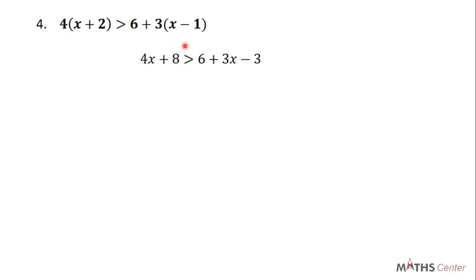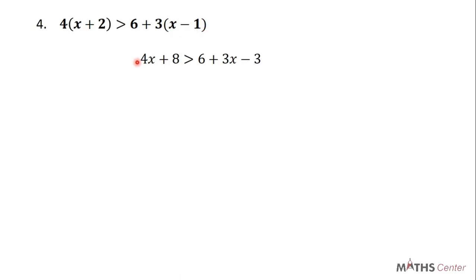We have 6 here, so 6 will come. Then we come to this side. So the number in front will multiply through. So 3 times x, which will give us 3x. 3 times minus 1, which will give us minus 3. Now remember, the term in front of the bracket is 3.